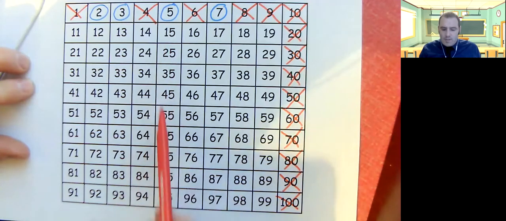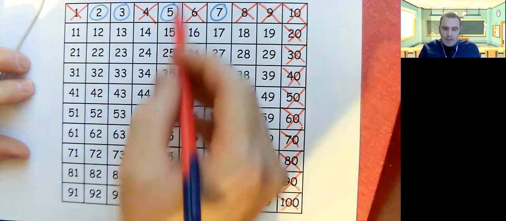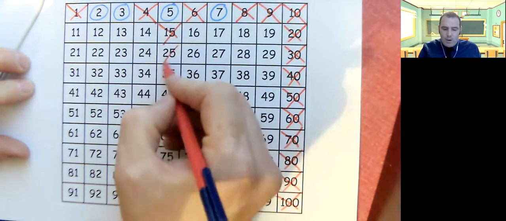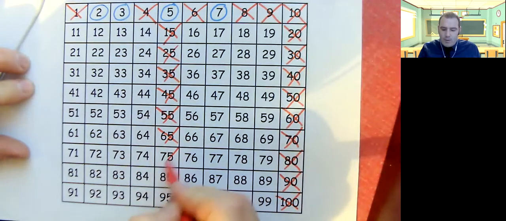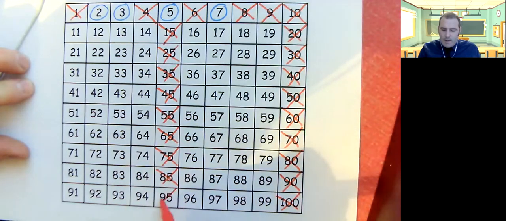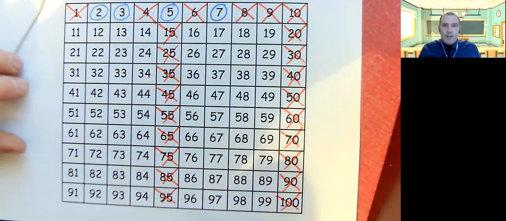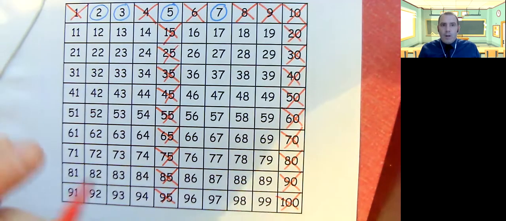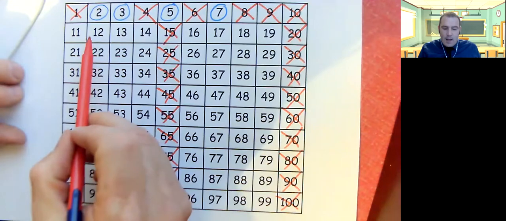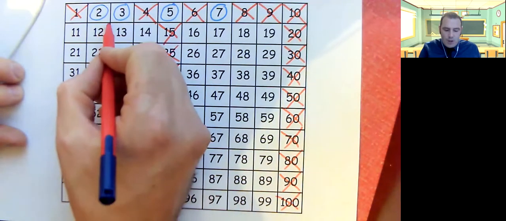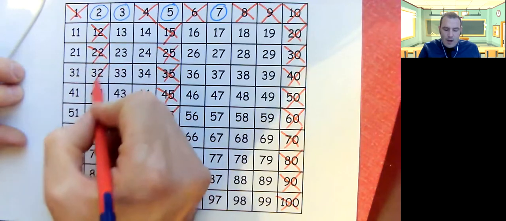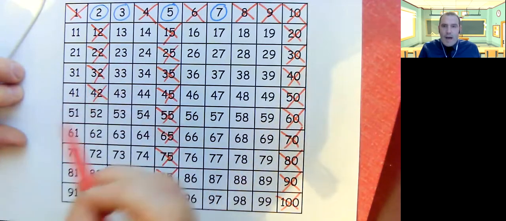My 5 times table down here as well. These are all multiples of 5. So these will not fit in with the rule. It has to be the number and the number 1. We can also say all of the even numbers on here, they're all multiples of 2. And an even number can be divided by 2 without a remainder.